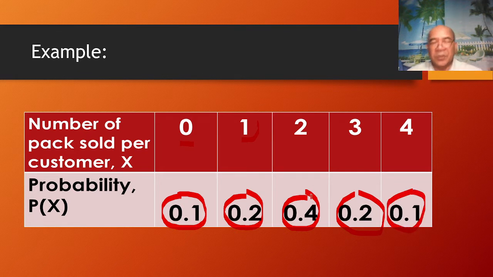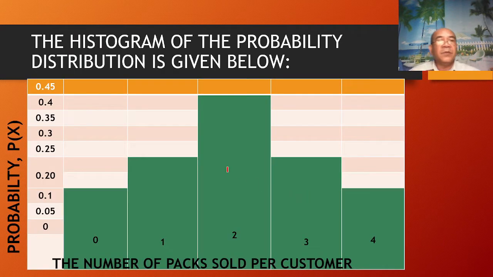So how are we going to create a histogram? You simply create this graph by putting the probability, P of X, on the left side of the graph, and on the horizontal axis, the number of packs sold per customer.